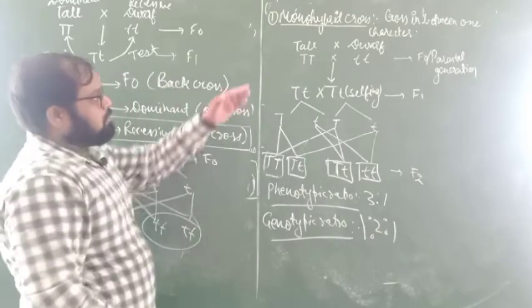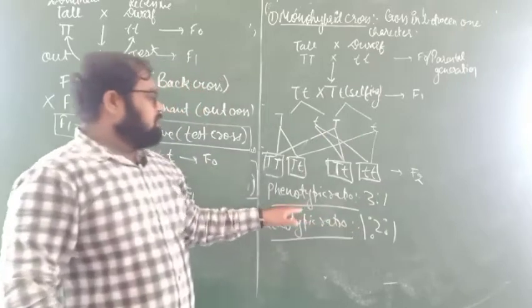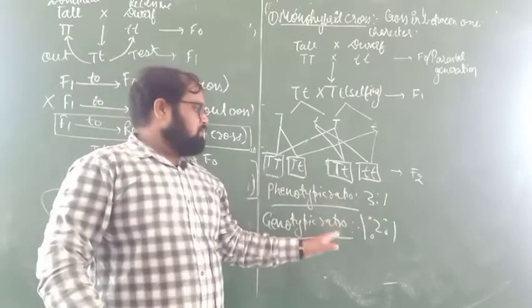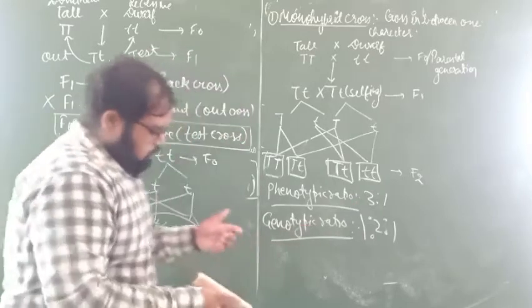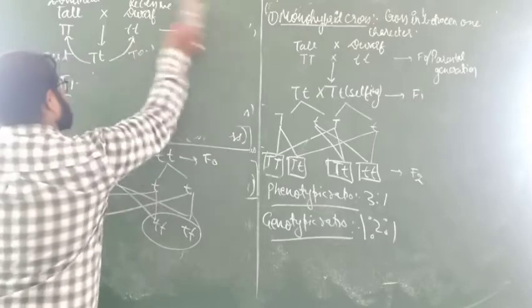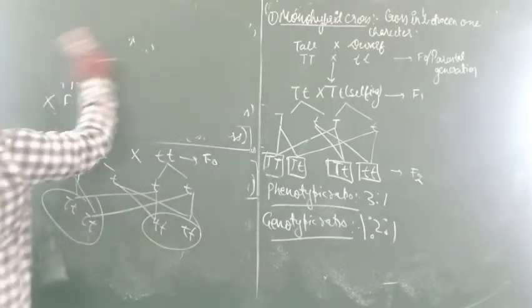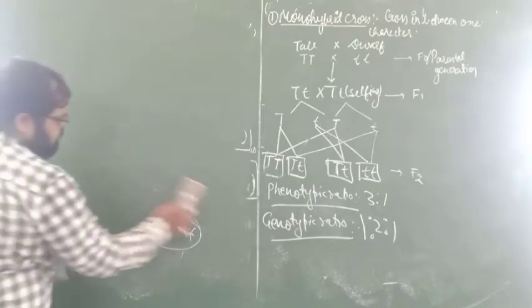So in a monohybrid cross, in the F2 generation, the phenotypic ratio is 3:1 and the genotypic ratio is 1:2:1. Monohybrid cross is very important because if we start Mendel's law, this is the most important one.